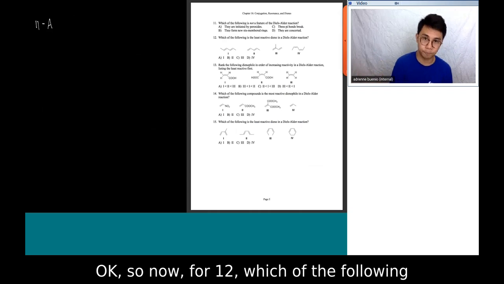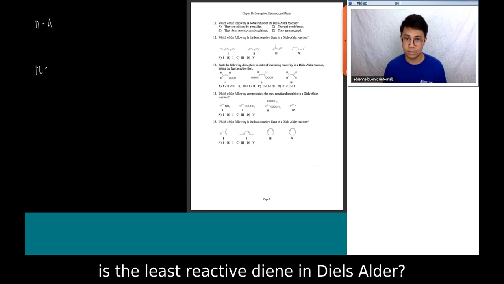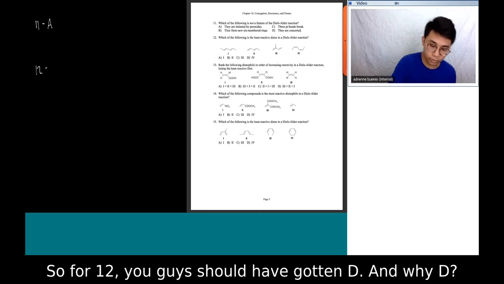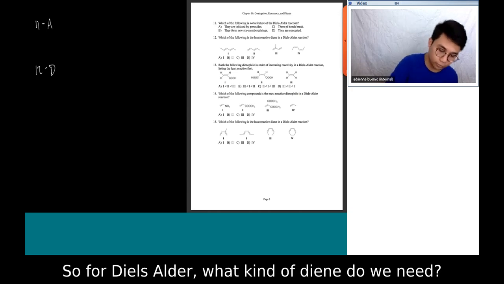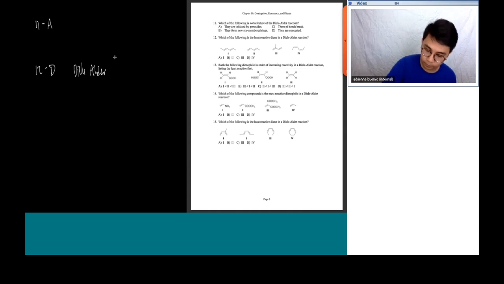Okay. So now for 12, which of the following is the least reactive diene in Diels-Alder? For 12, you guys should have gone D. And why? So for Diels-Alder, what kind of diene do we need?